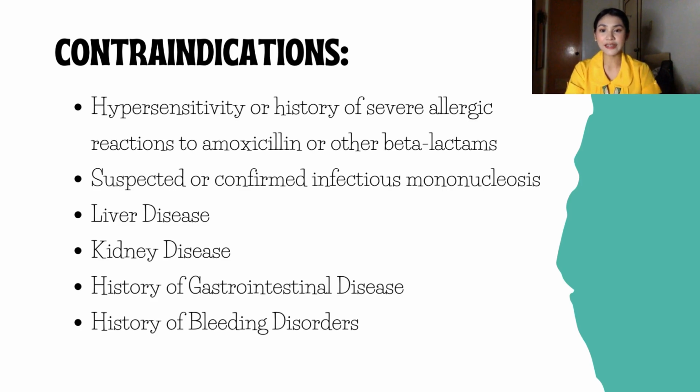After the indications, of course, we have its contraindications. One of these is hypersensitivity or a history of severe allergic reactions to amoxicillin or other beta lactams. Individuals with a known allergy to amoxicillin or any related antibiotics like penicillin should avoid it due to the risk of severe allergic reaction.